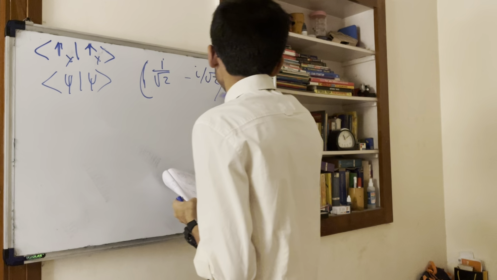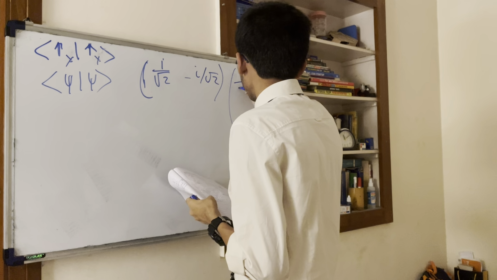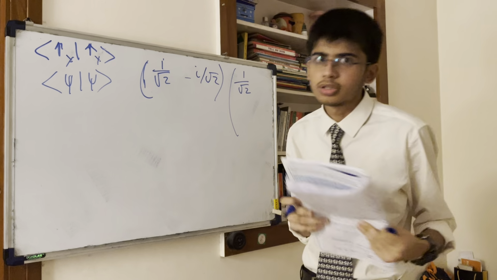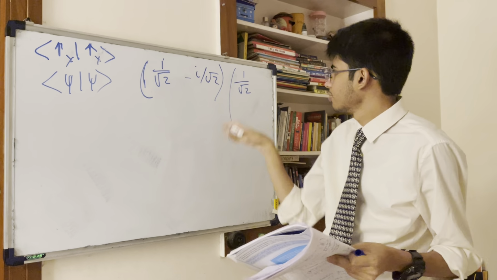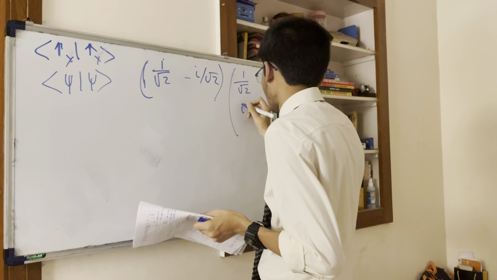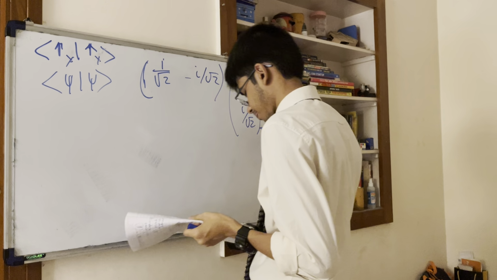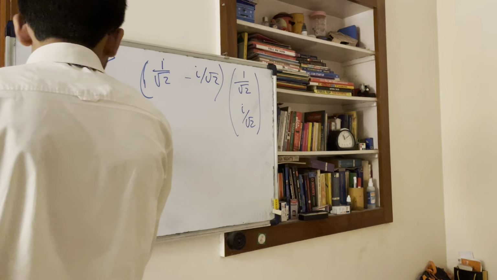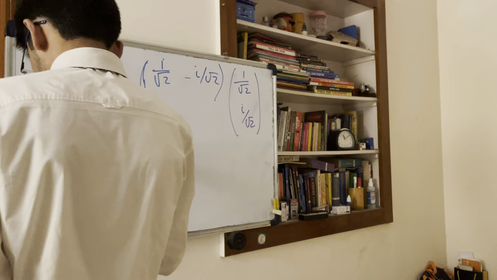And for the other vector, 1 by root 2, and because the other part is the conjugate, it will become i by root 2. Which will give me 1 by root 2.